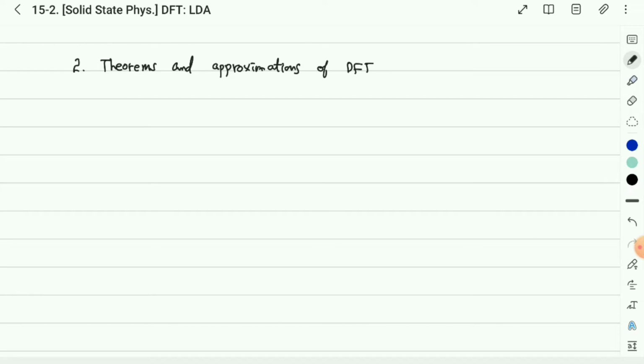This density functional theory was developed by Hohenberg and Kohn and Sham, three prominent scholars.